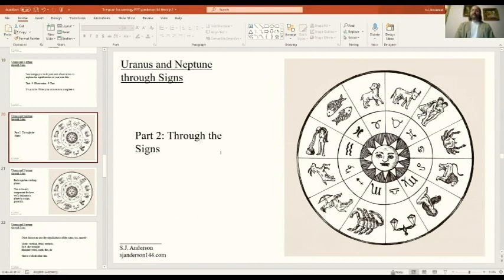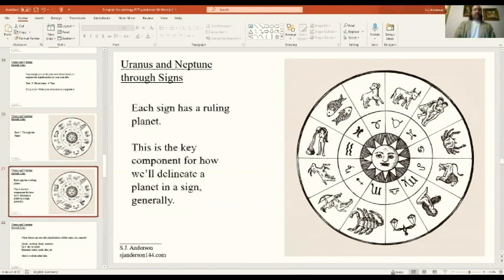Here you can see a nice depiction of the zodiac. Planets move in zodiacal order. They slowly move in zodiacal order through every sign. And, all right, so the first thing I want to say here is that each sign has a ruling planet. Again, I go back to this idea of the planets being essential and a fundamental feature of this whole system, of our whole body of astrological work.